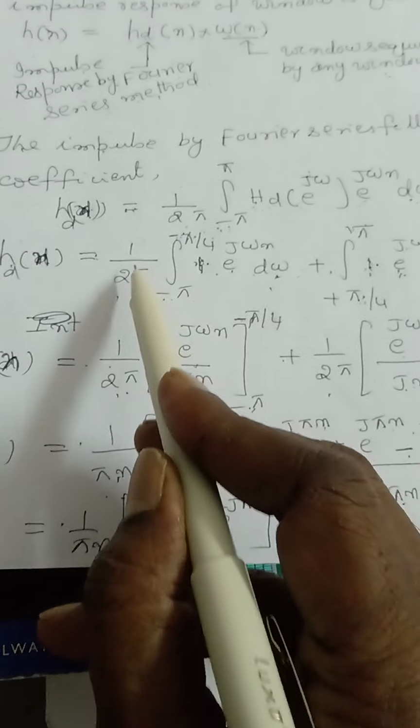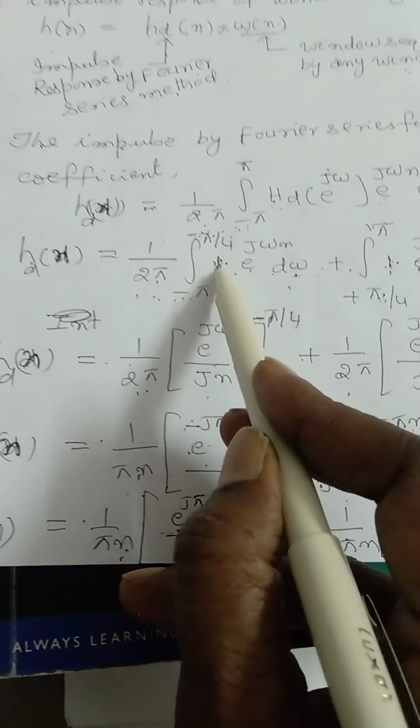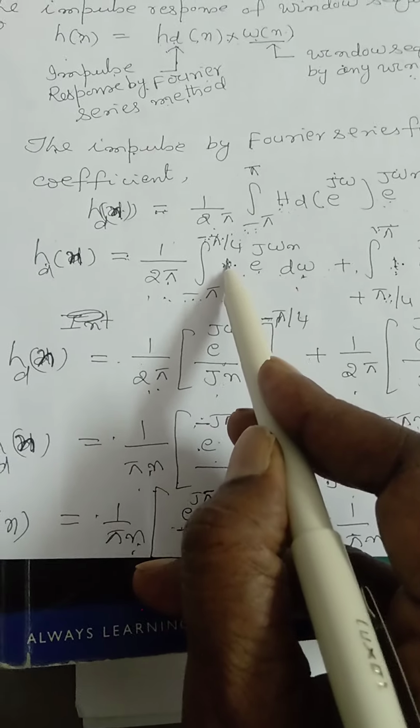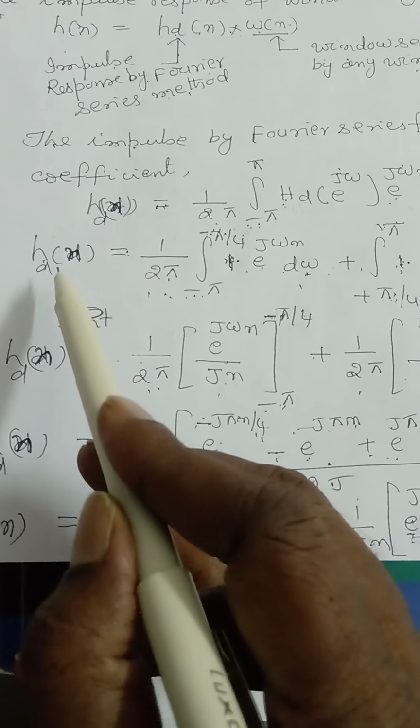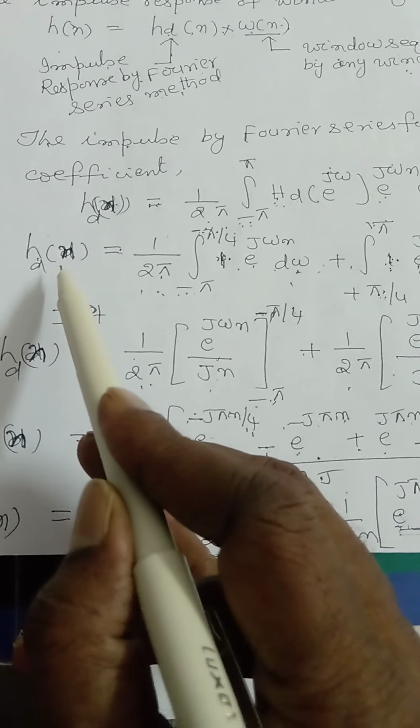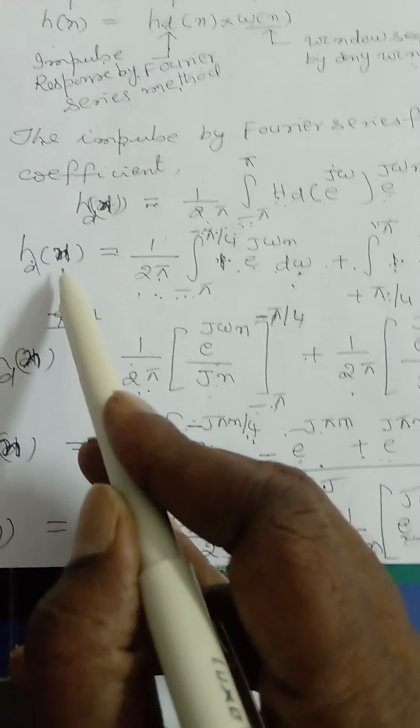If we integrate the above equation, we obtain the impulse response by the Fourier series filter coefficient method.